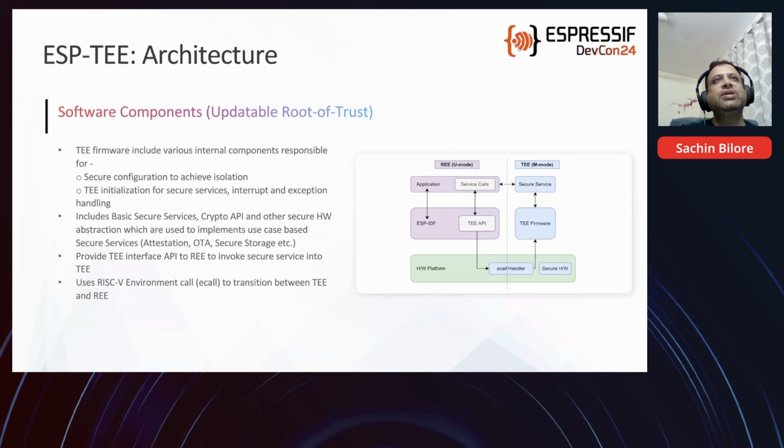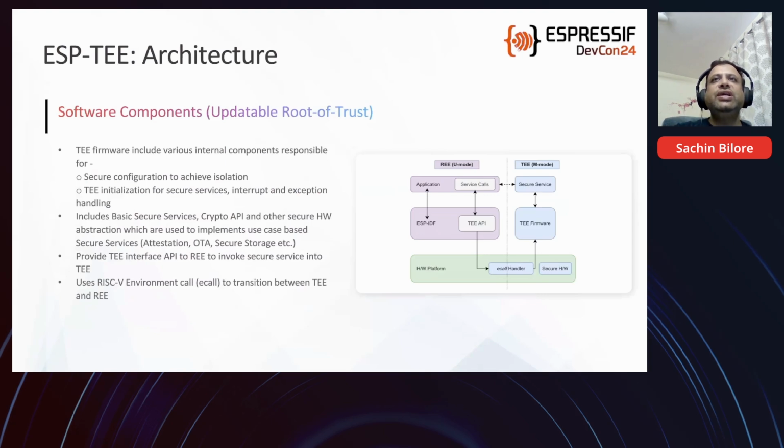As part of this ESP TEE firmware, an important point to note is that it provides the TEE API, which RE applications use to call into TEE secure services whenever they need to call into the secure service.